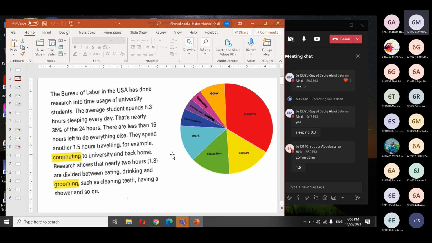Yes, excellent. Yes, it's 1.5 hours traveling. And we said when we travel to work on a daily basis, meaning every day, or even to the university, we call it commuting. So now we have sleeping, 8.3 hours, and commuting, 1.5 hours.